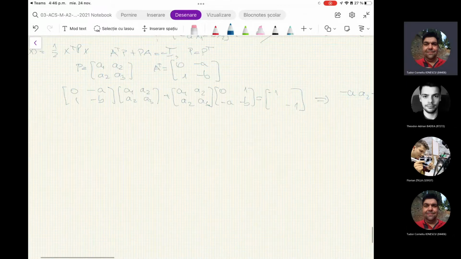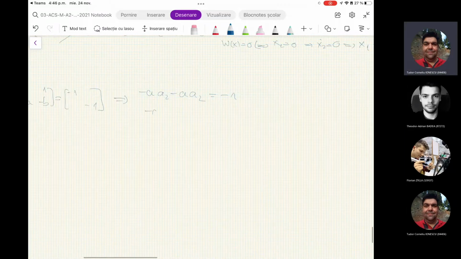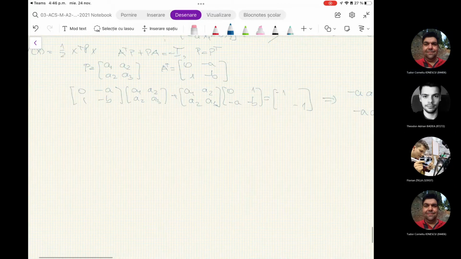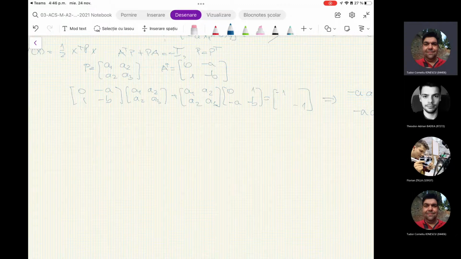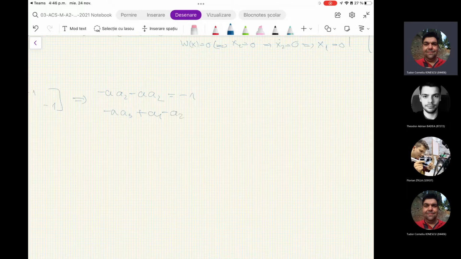This is the first equation. Then the second equation: minus A, A3, plus A1 minus A2 B, plus A1 minus A2 B, equals 0.